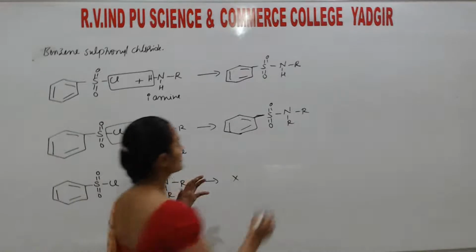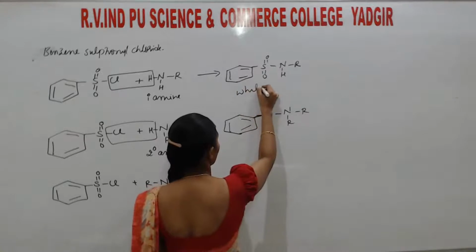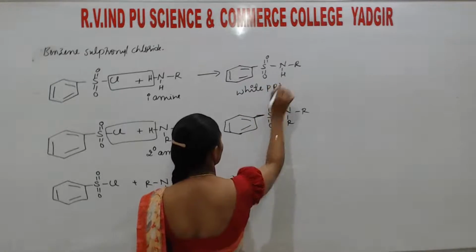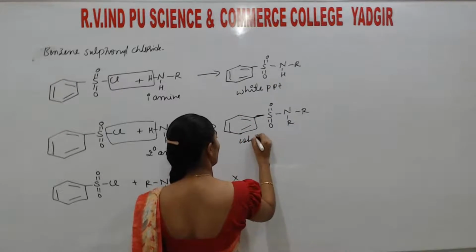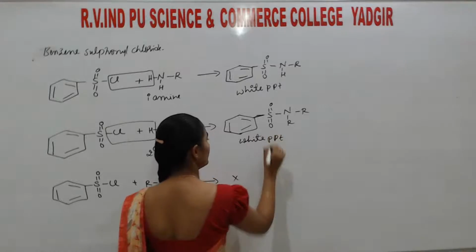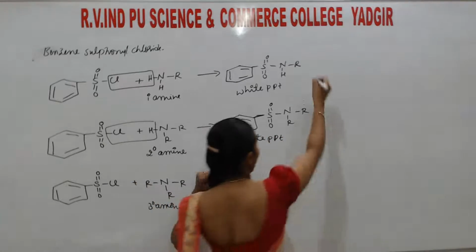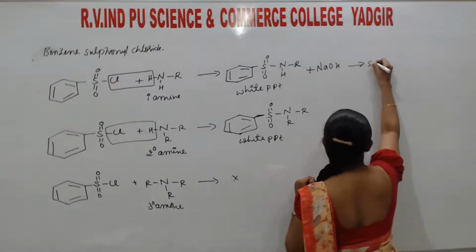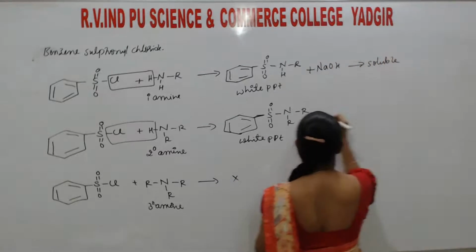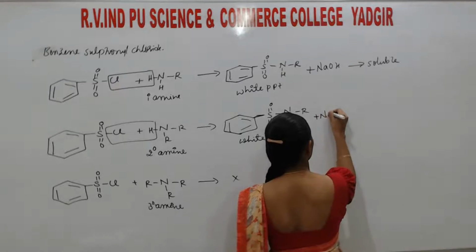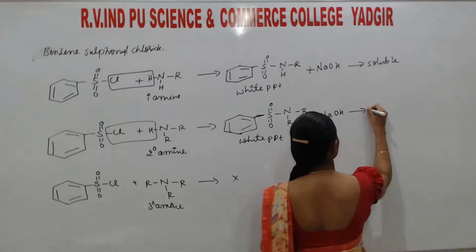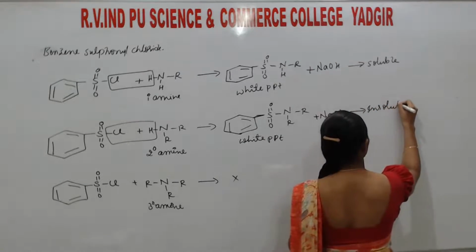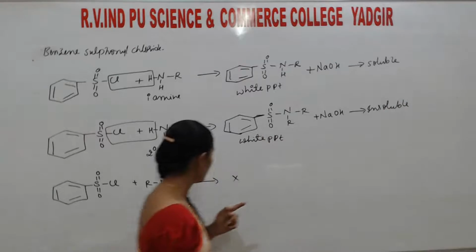Okay, so students, this is white PPT. This is also white PPT. So if you add NaOH here, this is soluble. If you add NaOH here, this is insoluble. So this is the distinction.